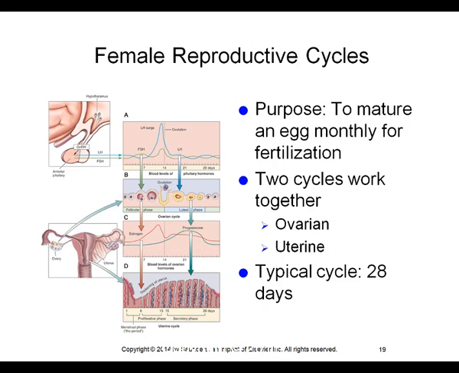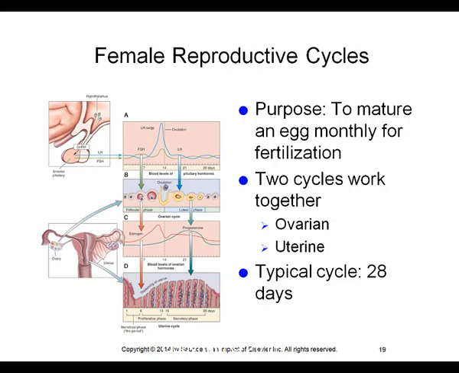Estrogen helps to stimulate the thickening of the uterus, which is diagram D. That's showing you what's happening in the uterus. At the very beginning of the cycle is when the uterus is sloughing off through menstruation, and then the uterus starts to get thicker and thicker over the course of 28 days. Progesterone is what is maintaining it at that point, and it's staying thick because of the progesterone.